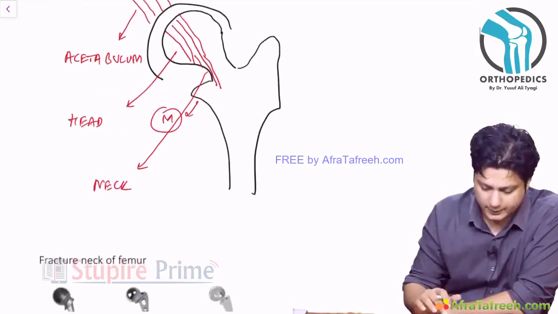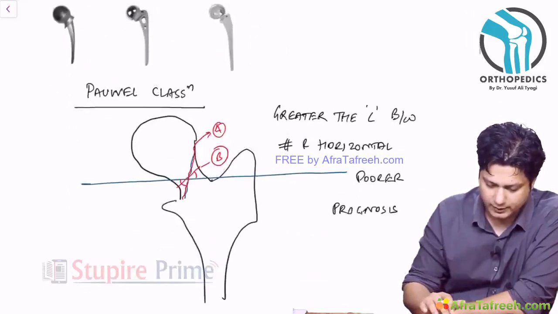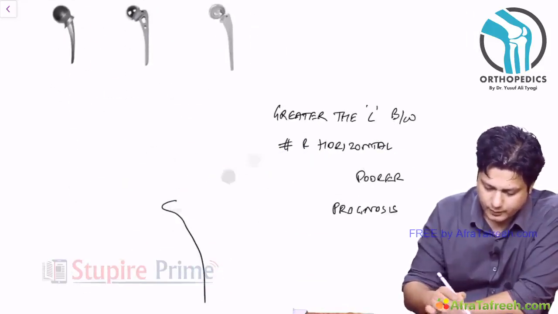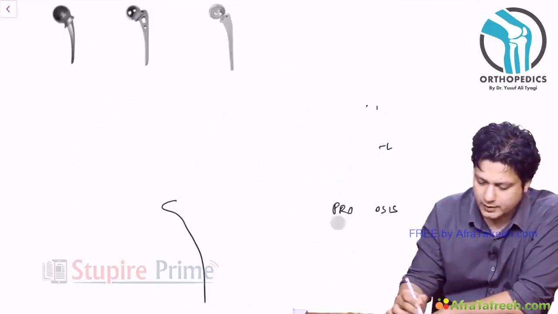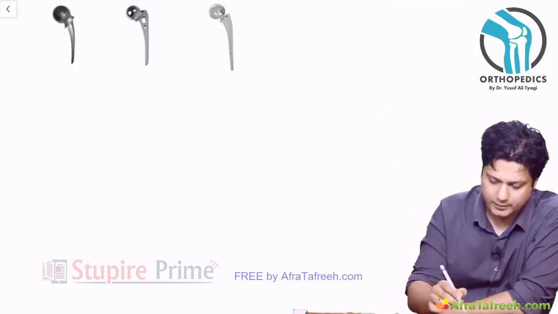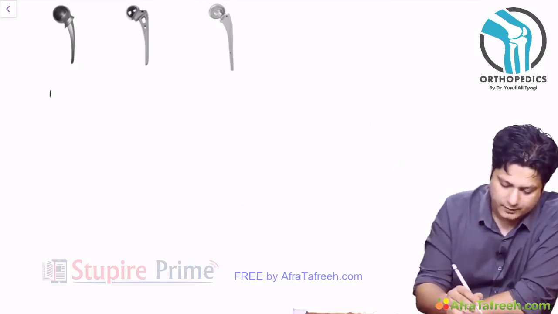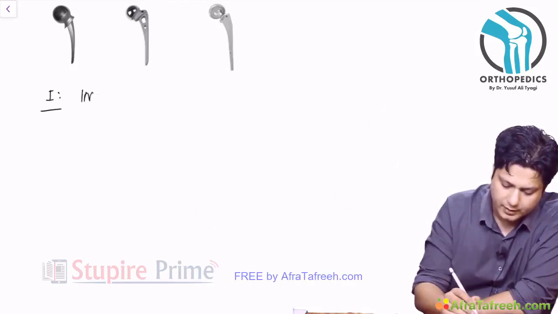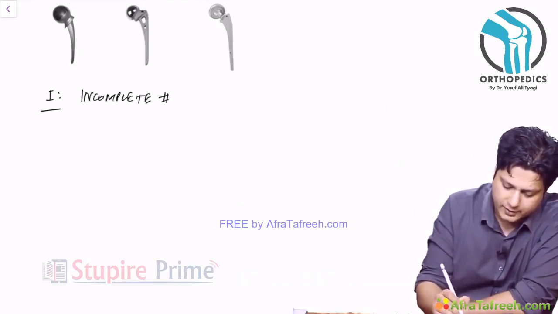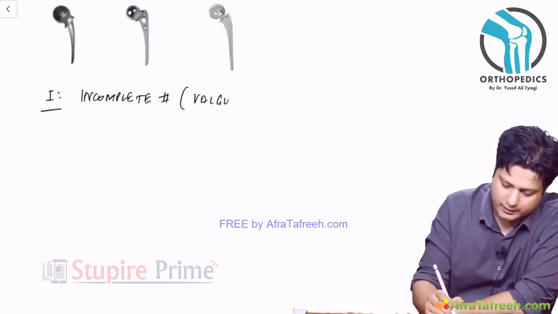So what are the different types of fractures according to the Garden classification? According to the Garden classification, the fracture is divided into 4 different types. Type 1 is incomplete fracture, also known as valgus impaction fracture.